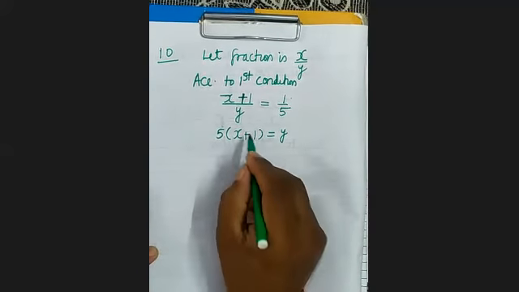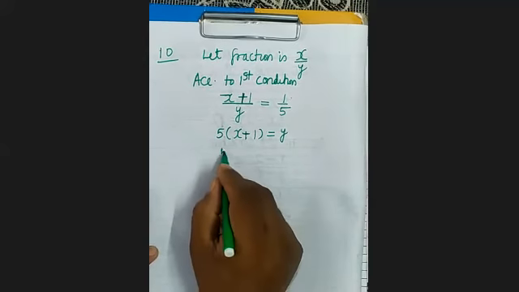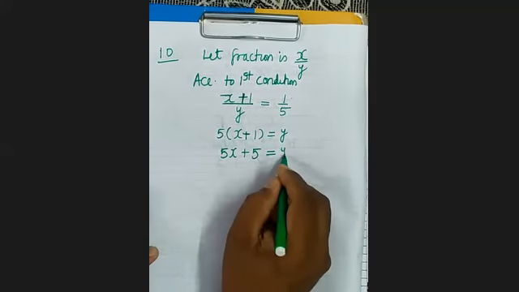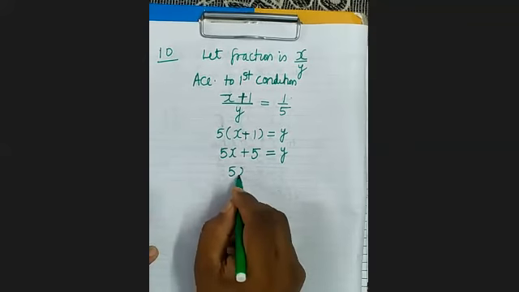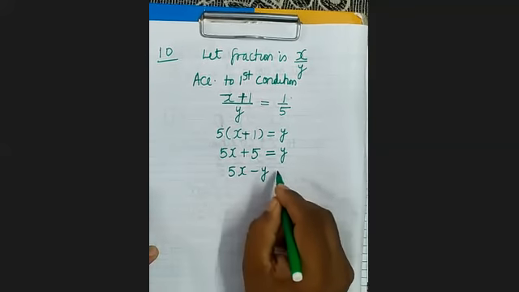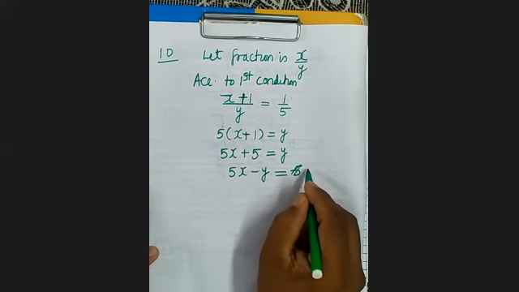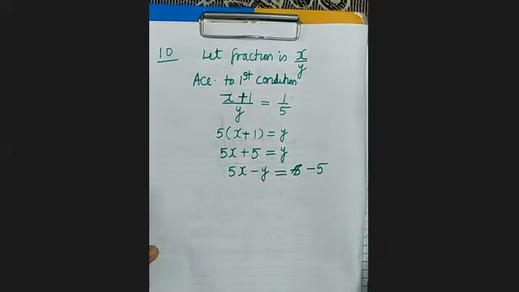So it becomes x plus 1 upon y equals 1/5. Cross multiplying, 5x plus 5 equals y, so 5x minus y equals minus 5.